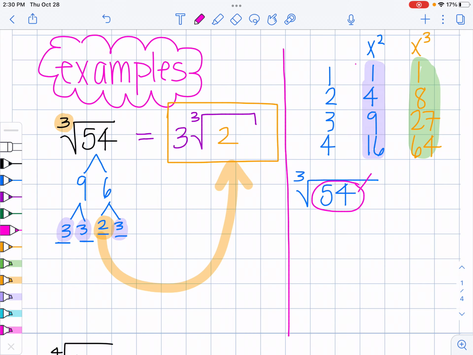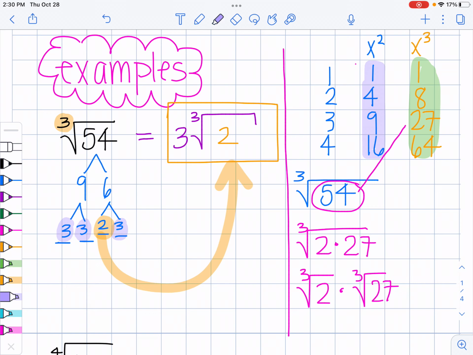Well, 27 is, because 2 times 27 is 54. So I would say this is the same as the cube root of 2 times 27. And I can break this apart. This would now be the cube root of 2 times the cube root of 27. But I happen to know the cube root of 27 is 3.